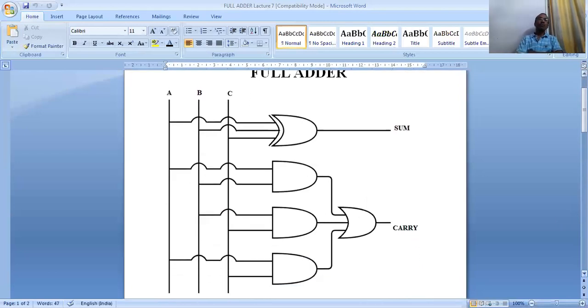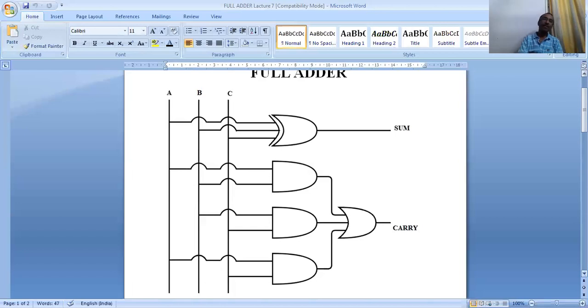A equal to 0, B equal to 0, C equal to 1. Working of the XOR gate: 0 plus 0 plus 1. The output of the XOR gate is 1. That is, sum equal to 1.